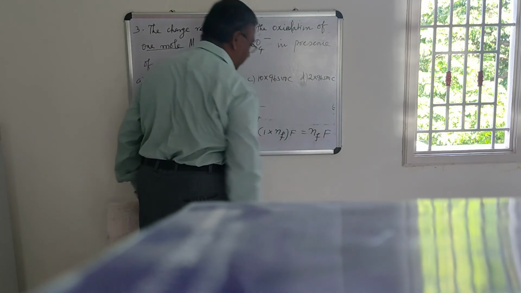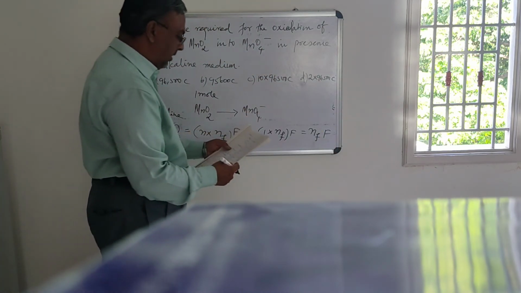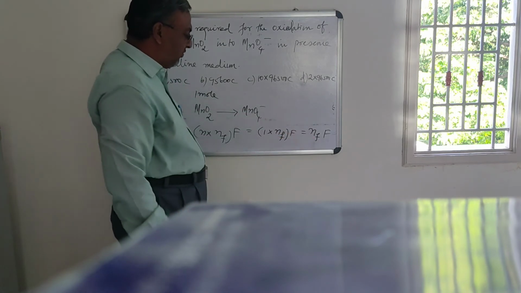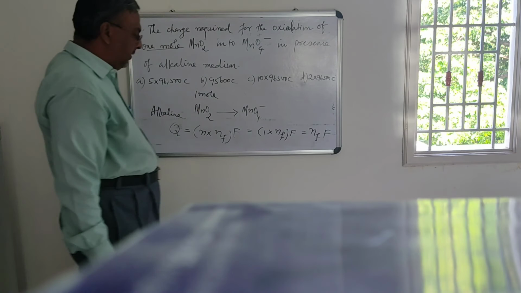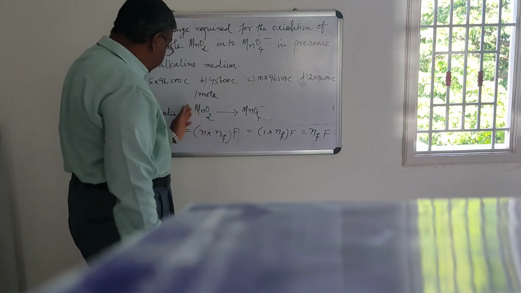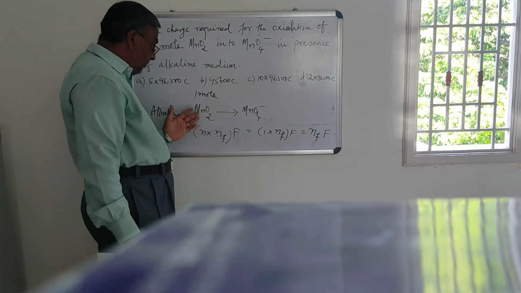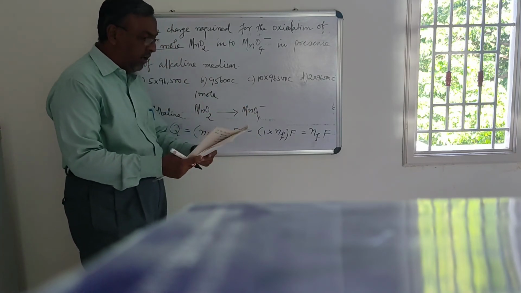First we have to find out what is the n factor. The n factor can be calculated from the change in oxidation state of manganese from MnO2 to MnO4 minus. That we have to find out.